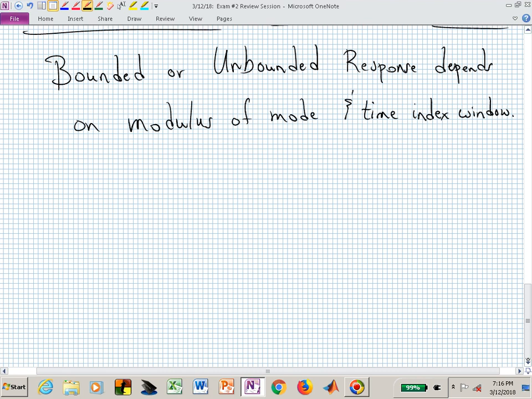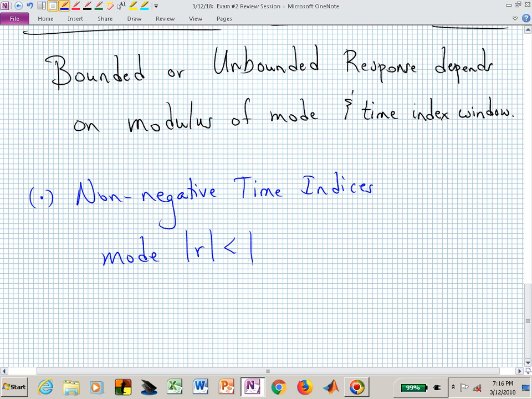What if we examined non-negative time indices? And suppose that the mode, or modes, let's say the biggest mode has a magnitude less than 1. And with non-negative time indices, we know that n is greater than or equal to 0.